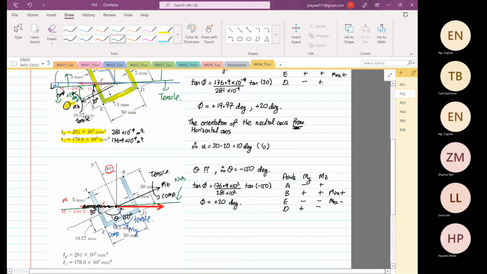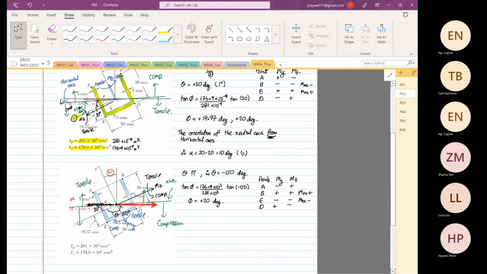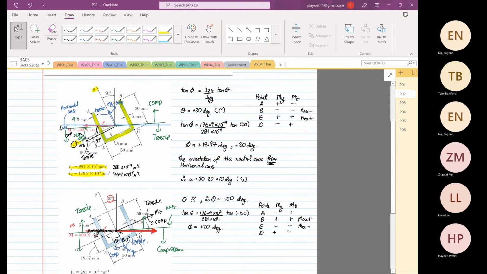Now we know that anything that is down here, by looking at point E, is going to be compression. Anything that's above it will be tensile. So you can see, like what I told you guys before, there will be a flip.